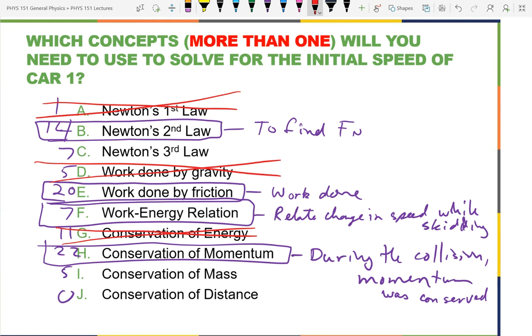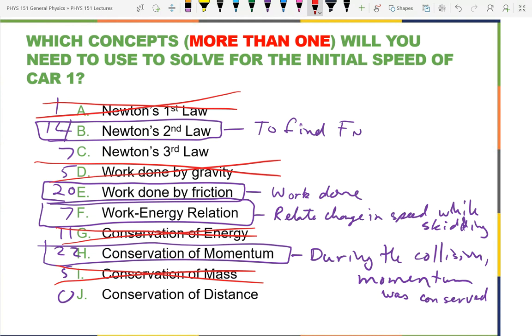Conservation of mass. It used to be that people thought mass was conserved. Now we know there is no such thing as conservation of mass. Mass is not conserved. How many people are a little shocked to hear that? Only one person raised their hand.